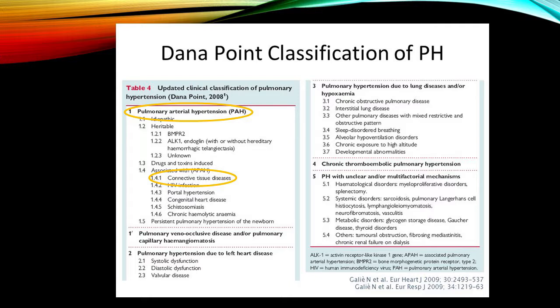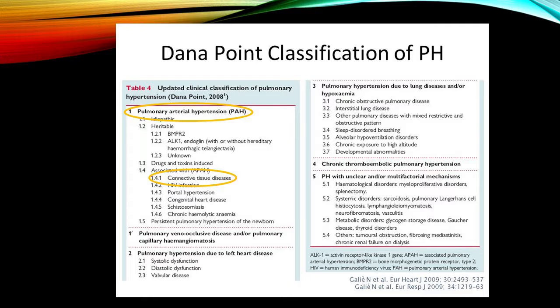The first class there is classic pulmonary hypertension, which is also referred to as pulmonary arterial hypertension, or PAH for short. Under that, 1.4.1 is connective tissue disease. So scleroderma is considered a connective tissue disease. Patients that have scleroderma and pulmonary hypertension have pulmonary arterial hypertension.